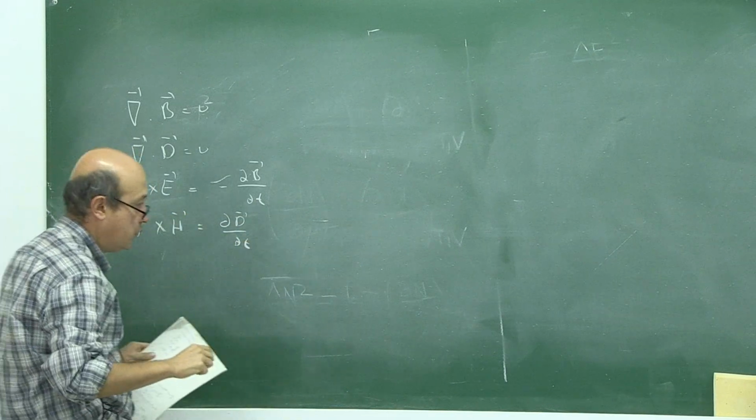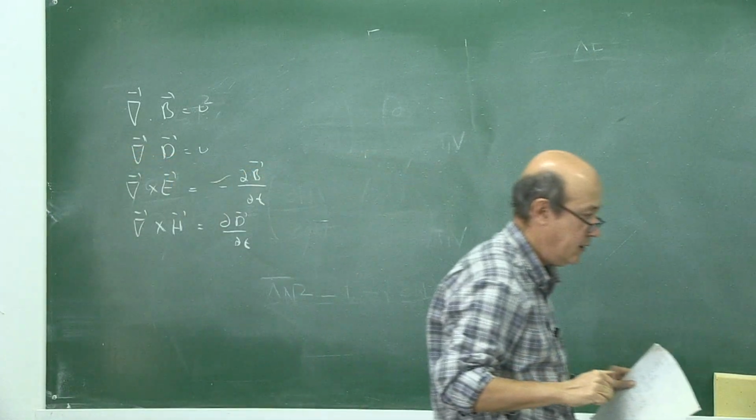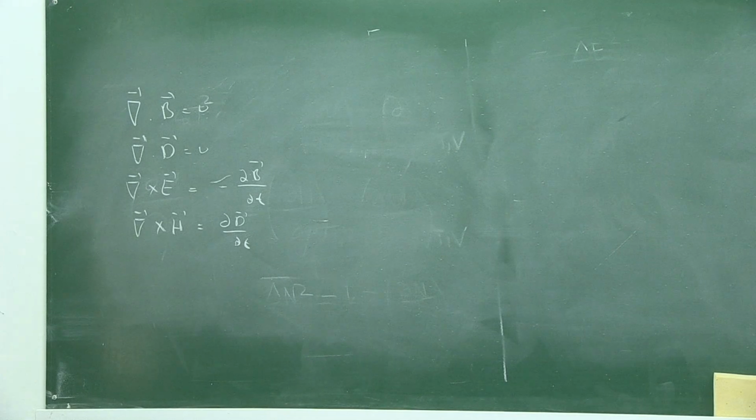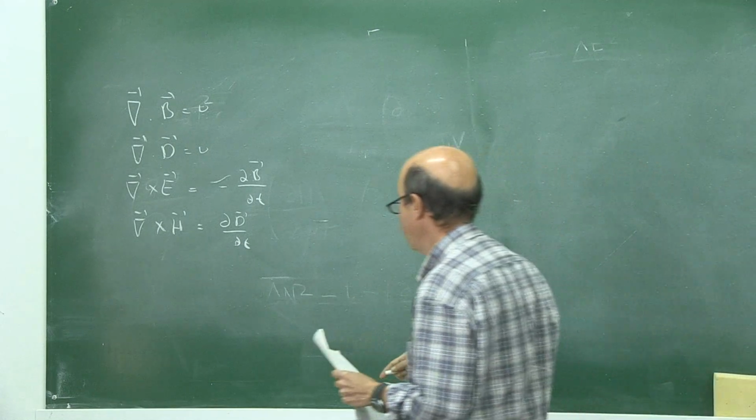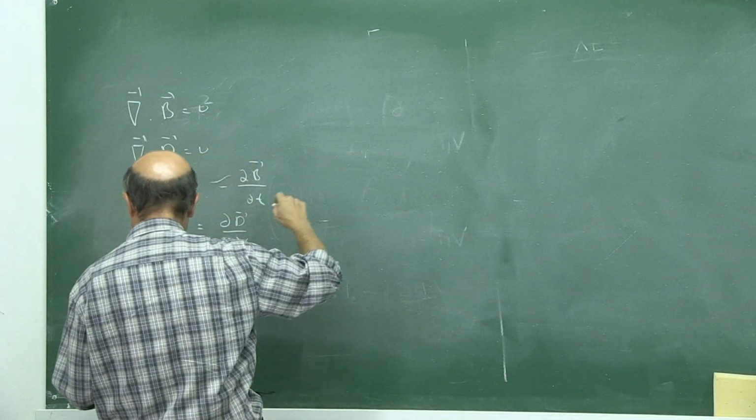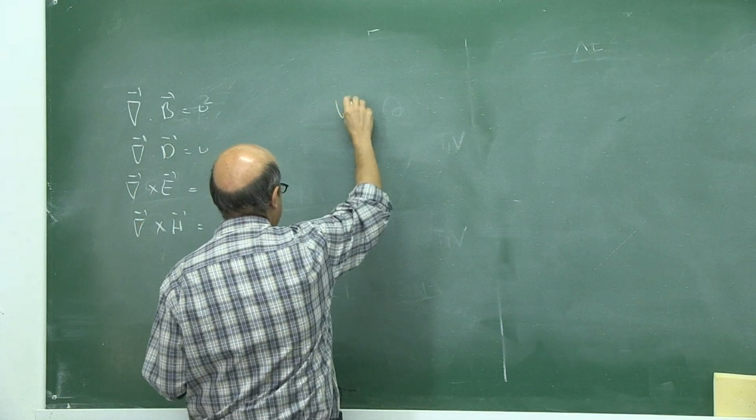So suppose that we don't have free charge density and current density. So you can write a wave equation combining this in the following form.